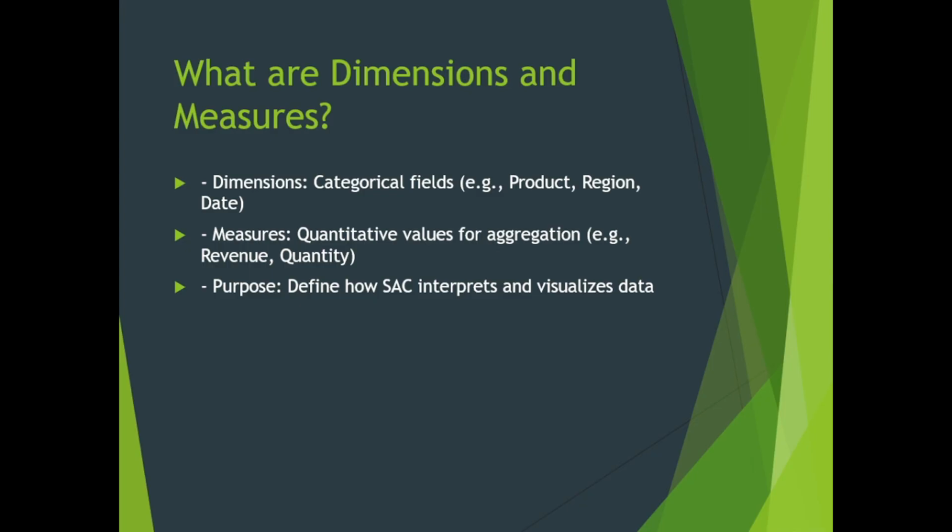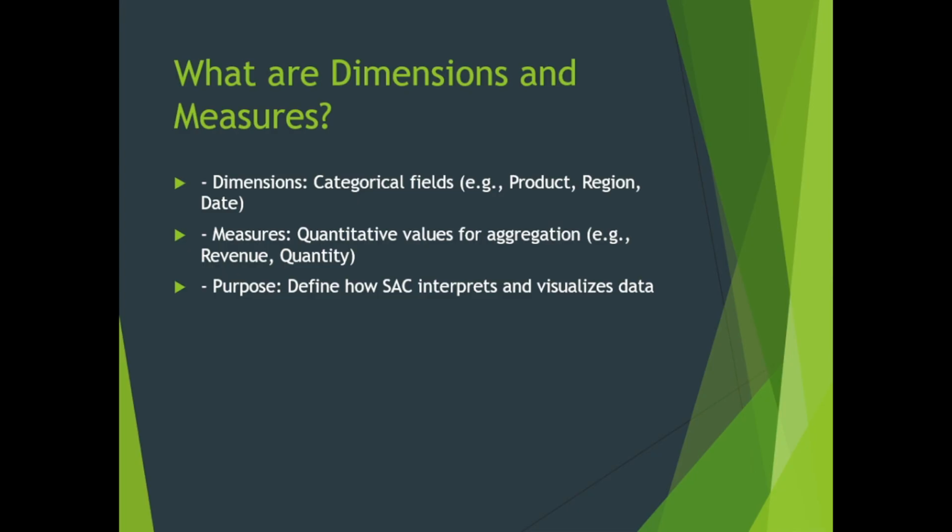This means the list of measures and the list of dimensions are very important for creating any sort of analysis, for any sort of models, because based on those models we will create a story, and based on those stories we will make rapid decisions which will have a very positive impact on any business.